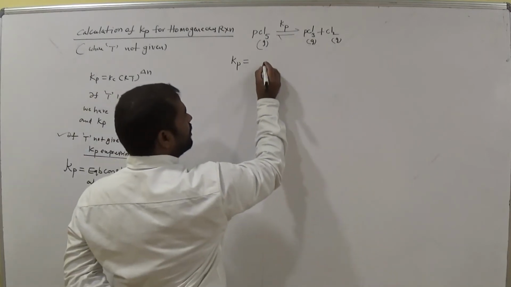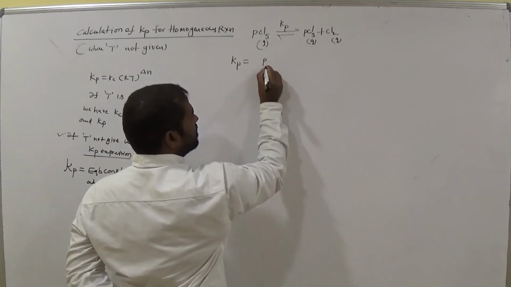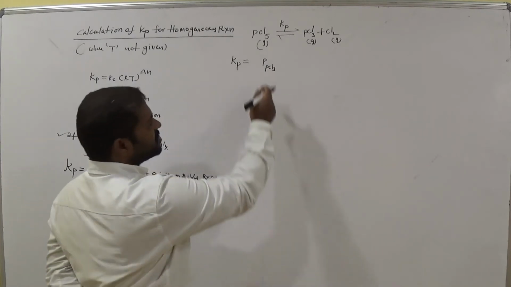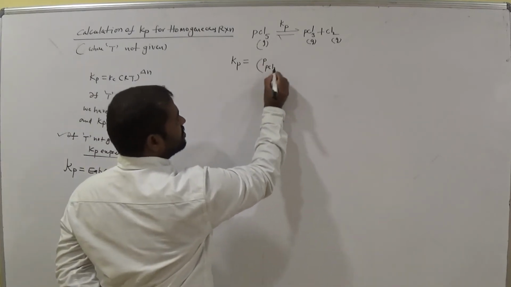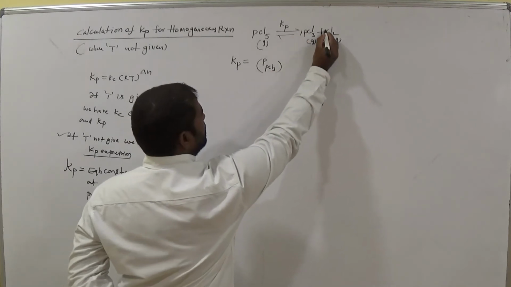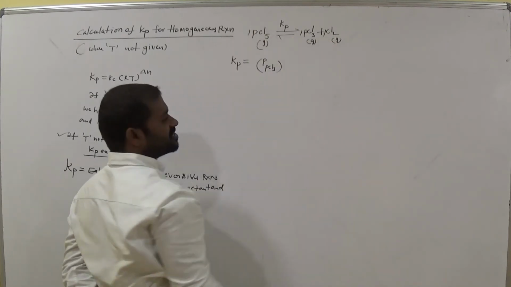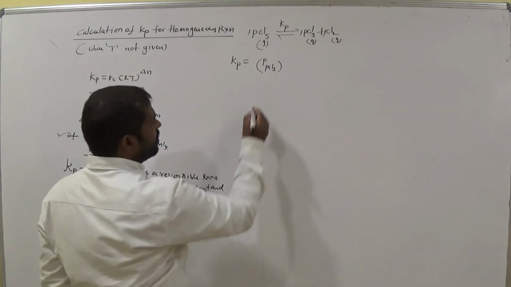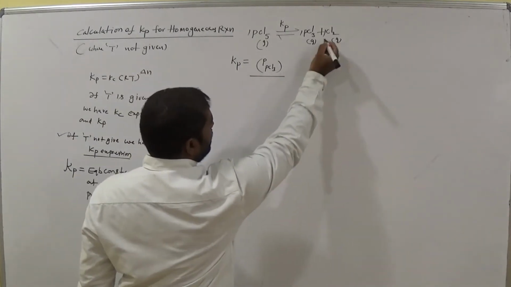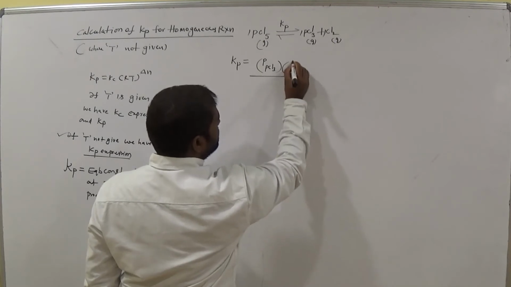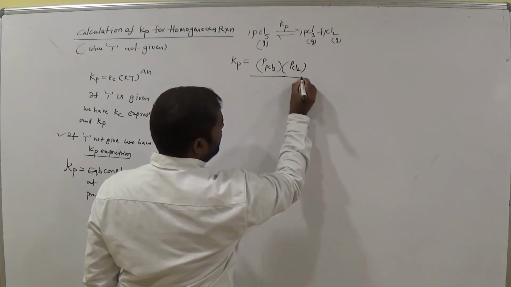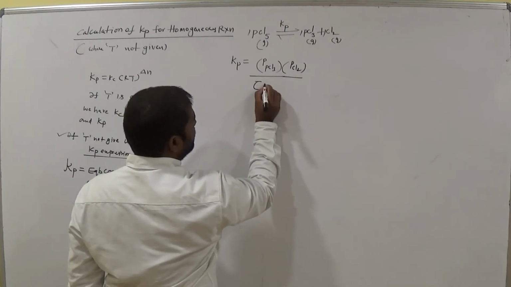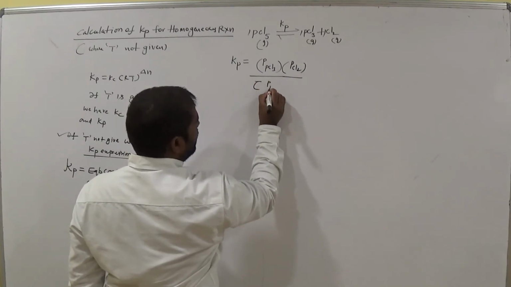So here, for the products, the first one is PCl3, where P means the partial pressure of PCl3. What is the coefficient? 1. These are the stoichiometric coefficients, or number of moles. Then multiply by the partial pressure of Cl2, and divide by the partial pressure of PCl5.